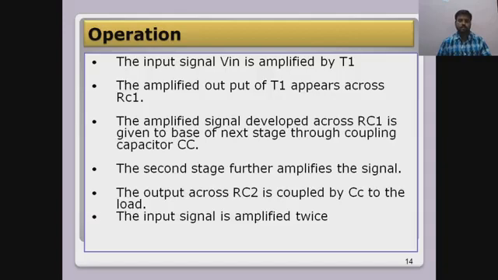The input signal is amplified twice, by stage 1 and stage 2. At stage 1 the signal level is increased, and at the second stage it increases again, so the overall gain is increased.